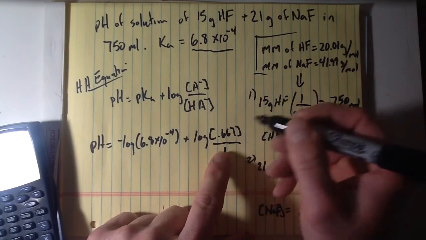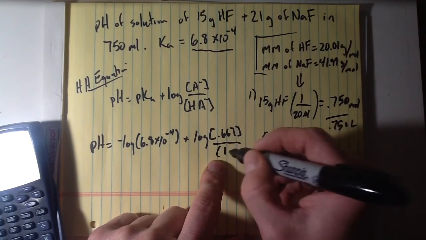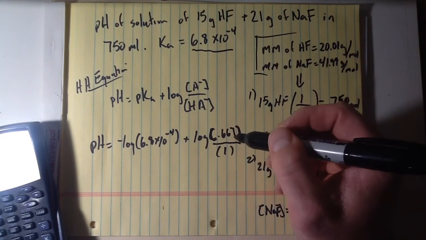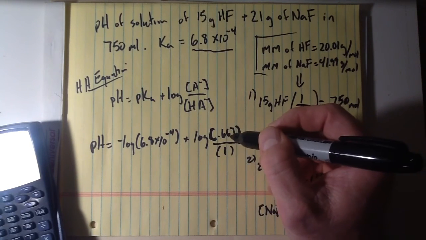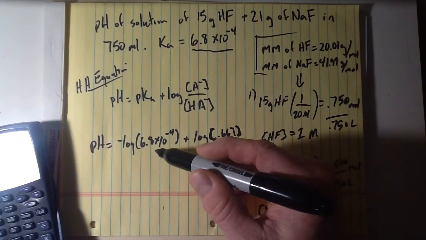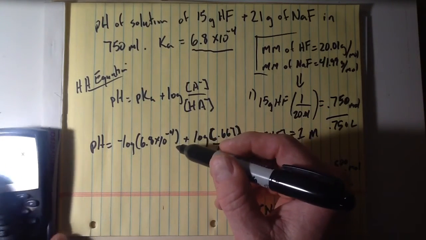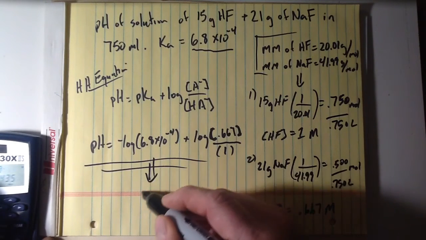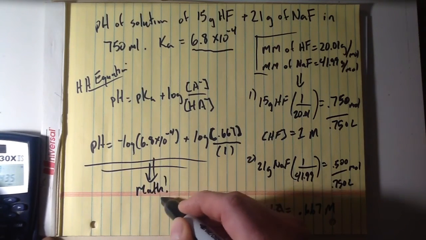So it's really just 0.667. I should have just had that in the molarity terms. So I just take the log of 0.667 and add that to the negative log of 6.8 times 10 to the minus 4th. Now I want to leave that to you because from here on out that is math, and see what you come up with.